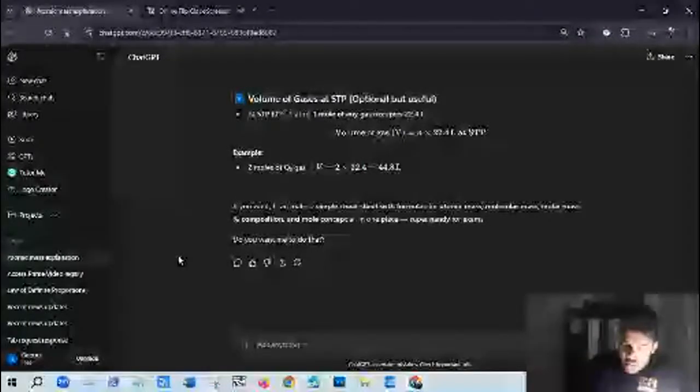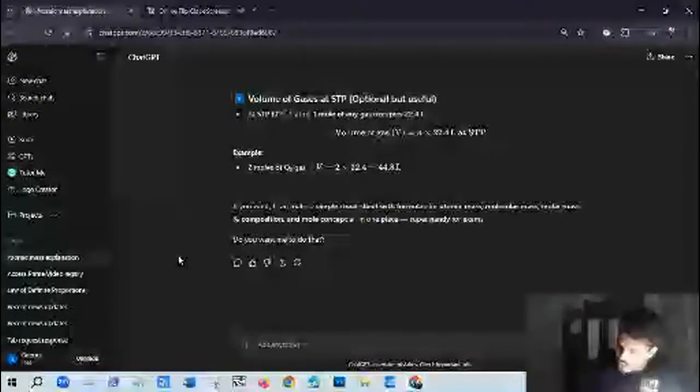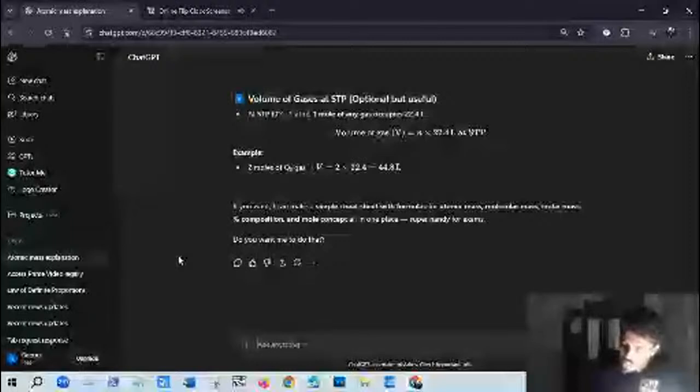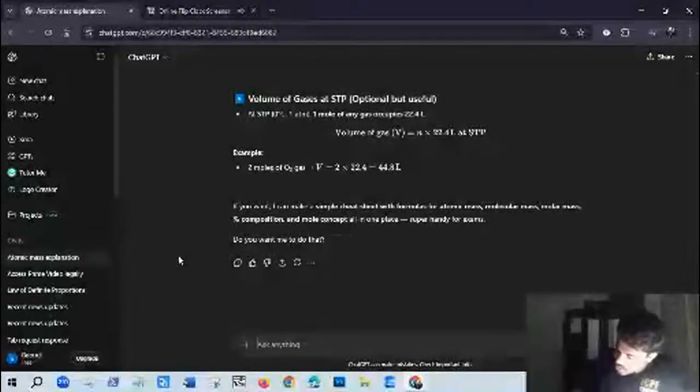Question number 2. Calculate the number of particles present in 22 grams of CO2. So C is 12.